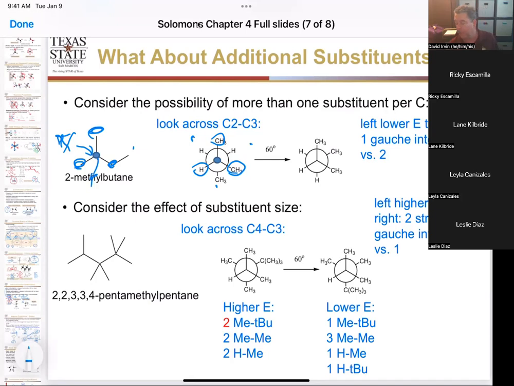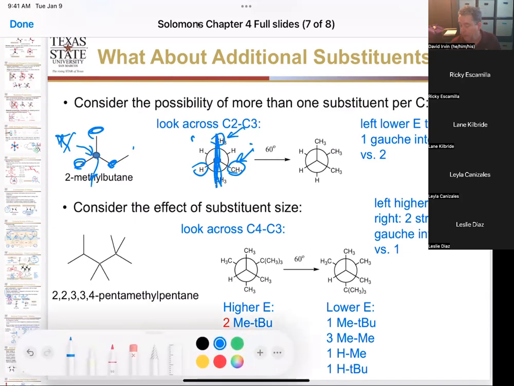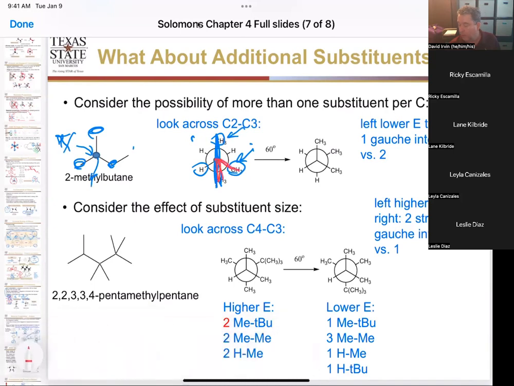We're always going to have one of them in the gauche position and one in the anti position. But that doesn't mean there's not a higher energy configuration. Here we have these two in the anti and these two in the gauche, which is lower in energy than having all three of them in gauche. All three in gauche is higher in energy.